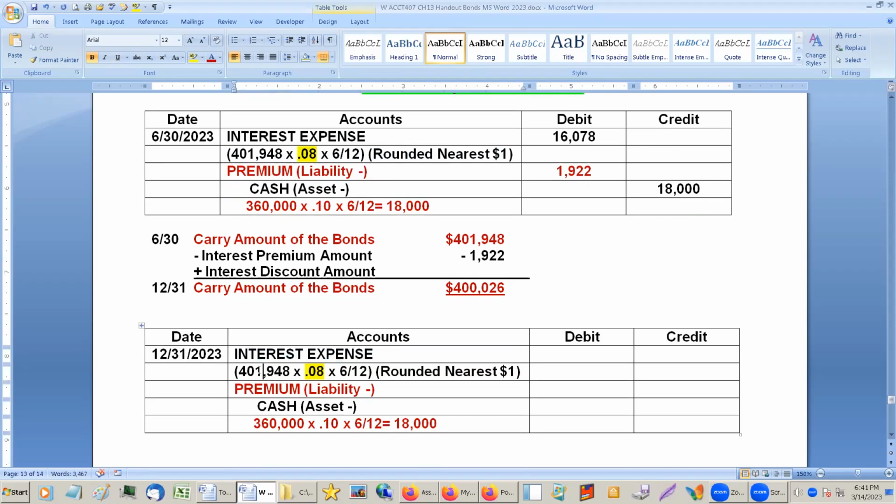New number though, 400. Oh, 26. It's still 18,000. This is gonna be 18,000 every single year. It's not gonna change. It's in the agreement.